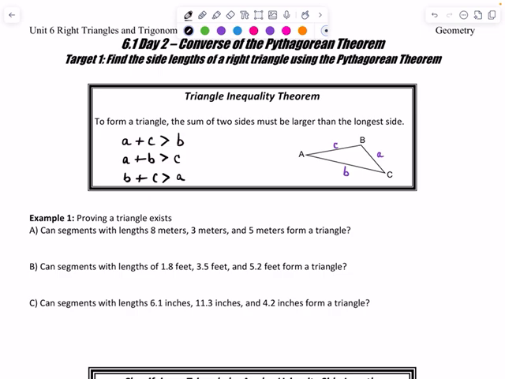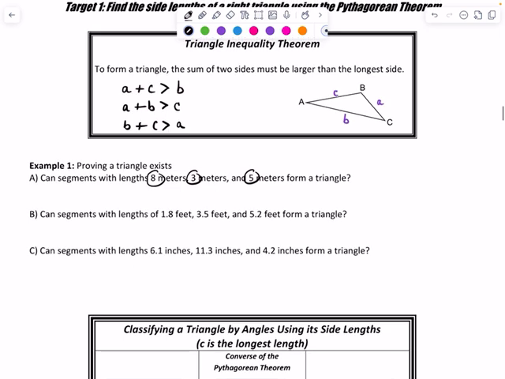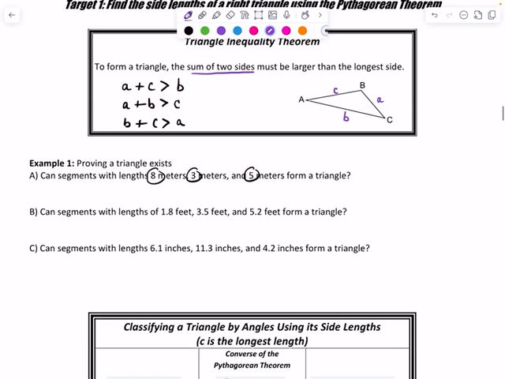So, for example, let's look at our first example. Can segments with lengths of 8, 3, and 5 form a triangle? It says the sum of the two sides, so basically the two smaller sides, must be greater than the longest side. So I'm just going to add 3 plus 5.